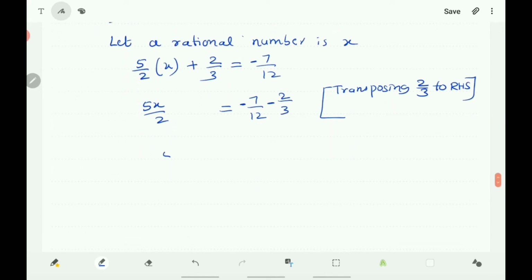Then it becomes 5x by 2 is equals to, and take the LCM of 12 and 3. The LCM of 12 and 3 is 12 here, and you know that 12 ones are 12, minus 7 ones are minus 7, and minus 3 fours are 12. So here you multiply 2 by 4, that is 3 fours are 12 means 2 fours are 8.